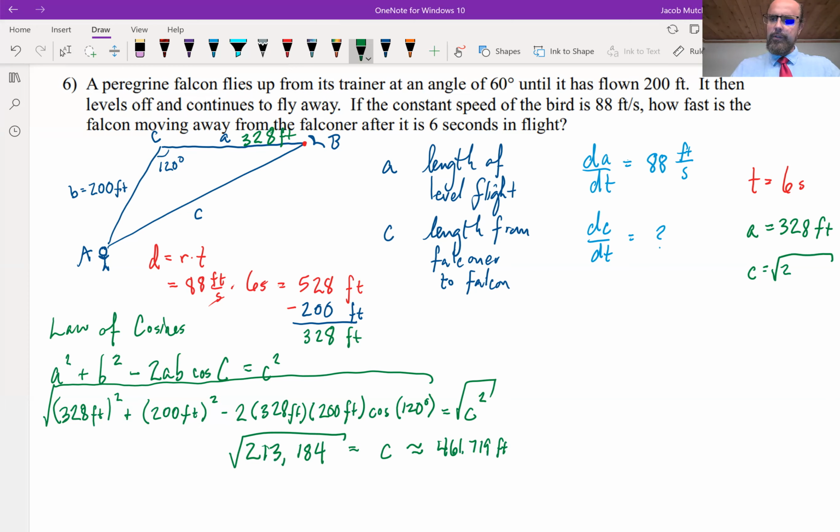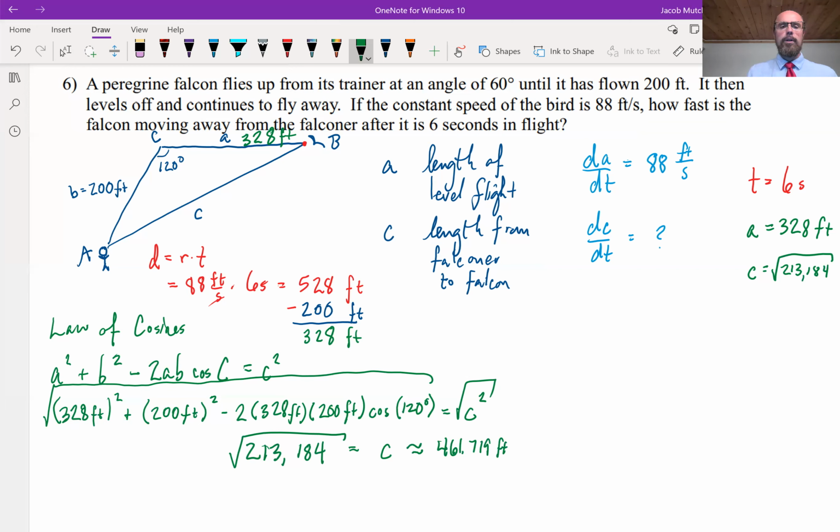So we did have to do a little geometric calculation to find really C. We just use distance equals rate times time to find A. Now, we've done all that, and as we look for some kind of equation to relate my variables, A, C, and so forth, I don't have to look any farther than the law of cosines.